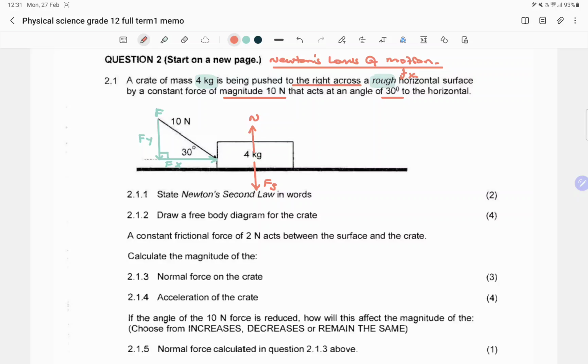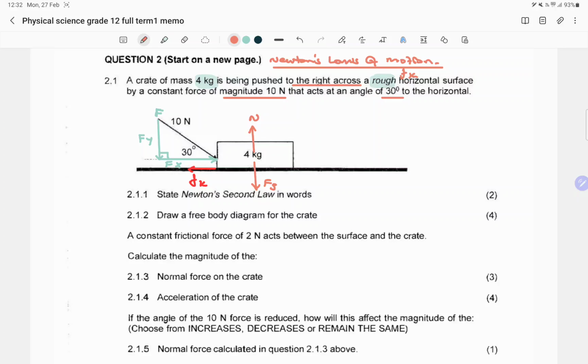And then, of course, you would remember that we're told that there's a rough surface, so there's frictional force. We don't really care about its proportions. So this is Fk. So these are all the forces acting on our object. All right, so we need to make sure we have them in order.